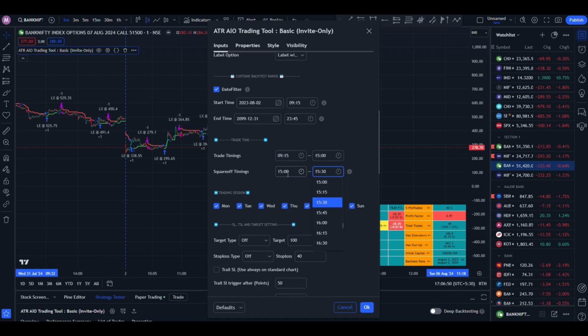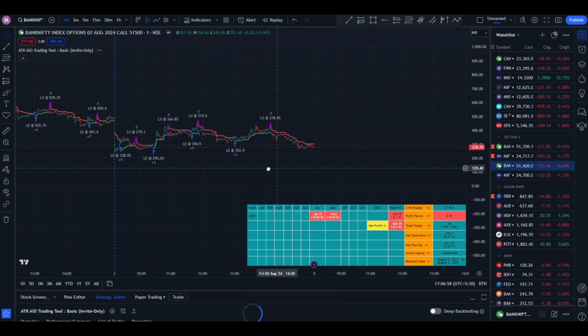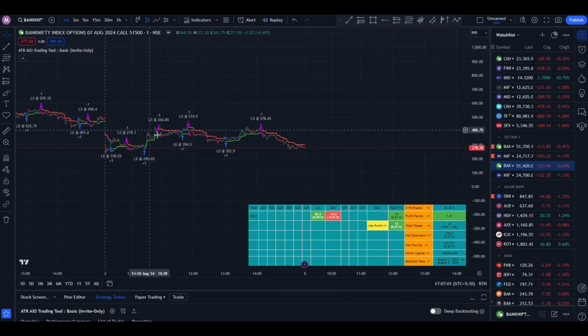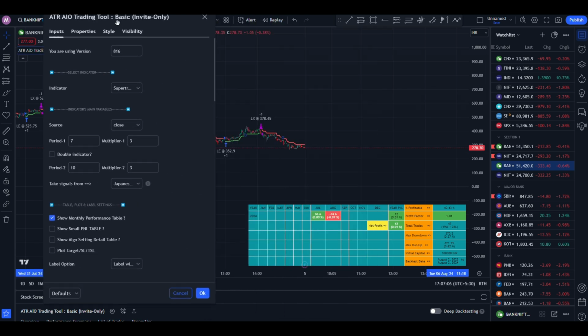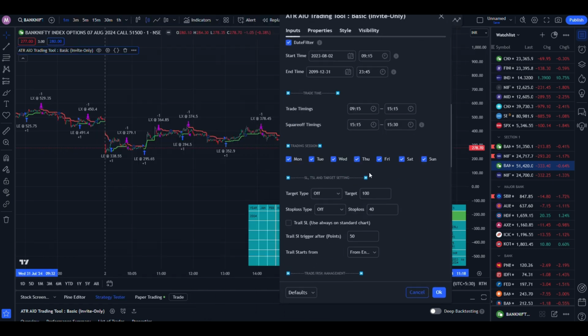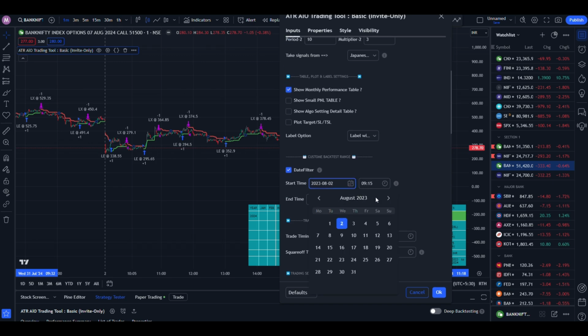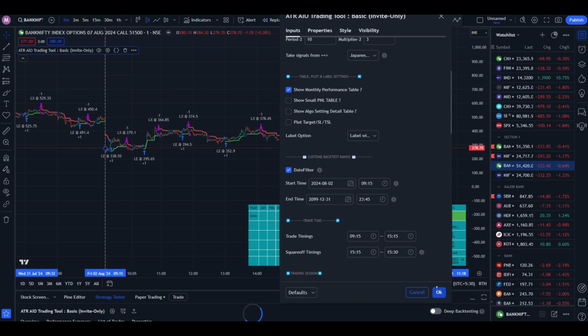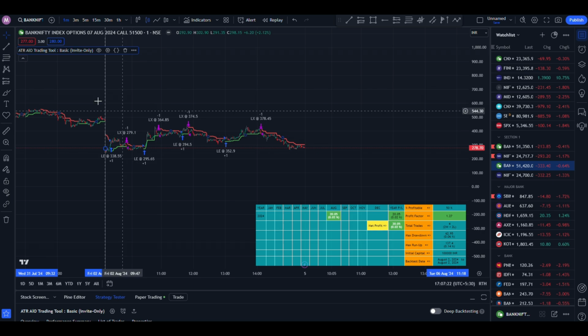If this is the 1 minute, you can trade up to 15:15. Let's see what happened. It's showing that if you traded the options with this setting, this is August 2024, 2nd August, you will get almost 20 points here.